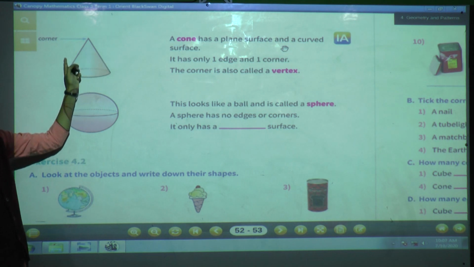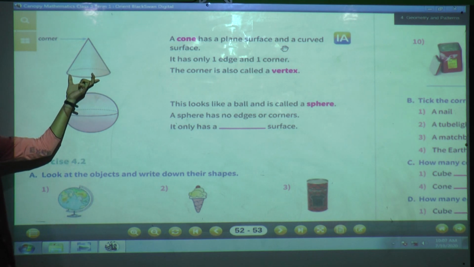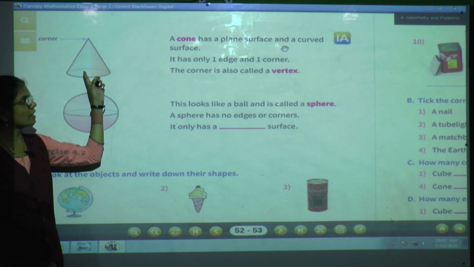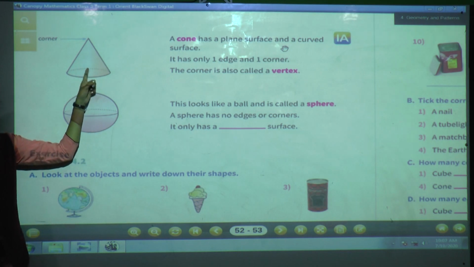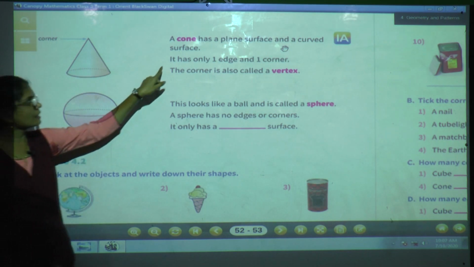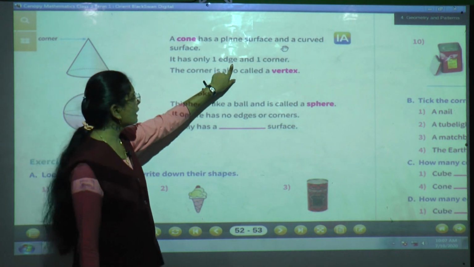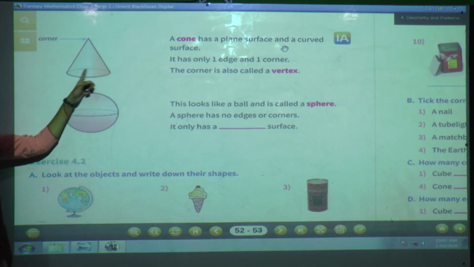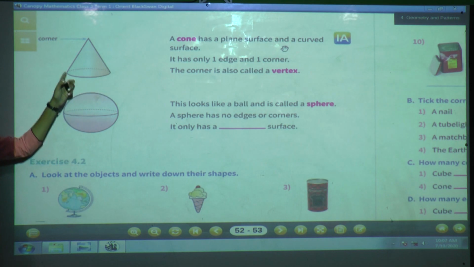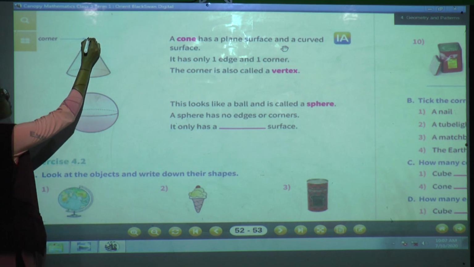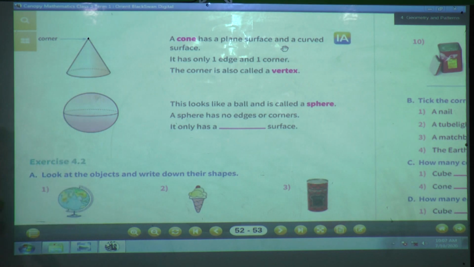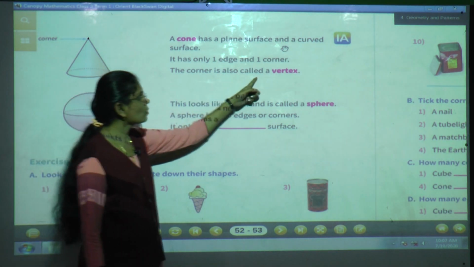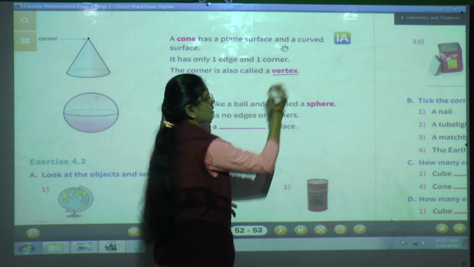If you see the middle part, this is curved and this downside is flat. So it has one flat and one curved surface. It has only one edge and one corner. This is an edge and this is a corner. So it has one corner and one edge, and the corner is also called a vertex.